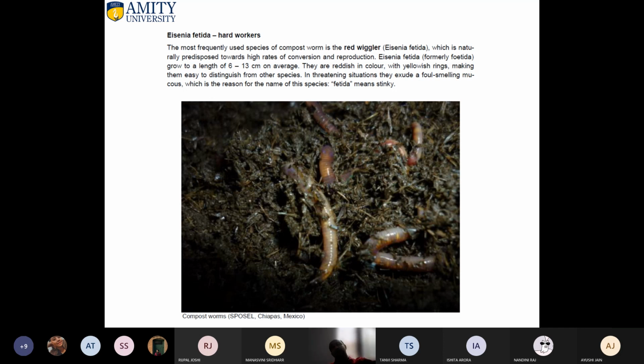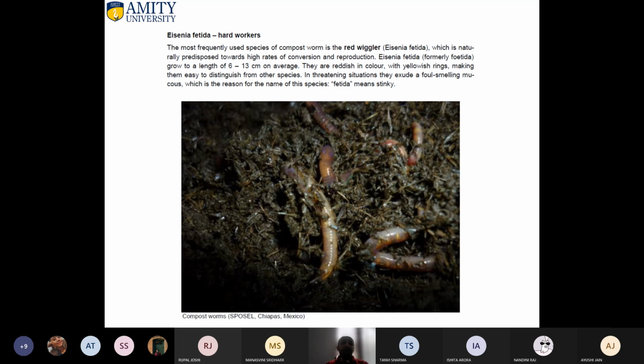In normal compost, the conversion rate is not very good. It's 1:10, but here it's more than 1:15. So the conversion efficiency in the case of worms is again higher. That is again an advantage in comparison to normal compost.